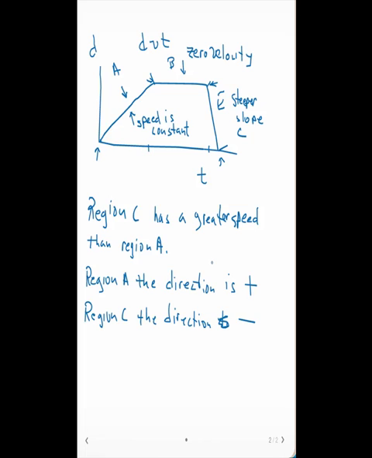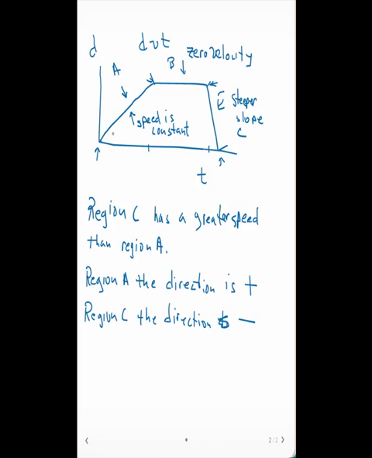In none of the regions is the acceleration anything but 0, because this is a constant speed in region A, it's at rest in region B, and it's a constant velocity in region C. So I may have said that incorrectly. In region A, the speed is constant. In region C, the speed is constant.